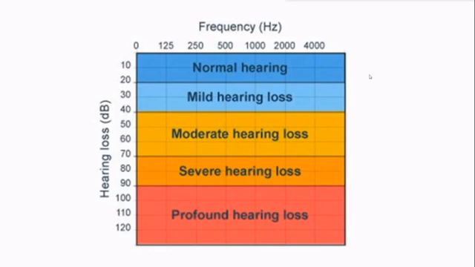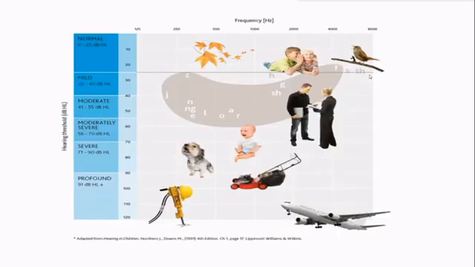If it's 40 to 70, moderate. More than 70 is severe, and above 90 is profound hearing loss. So if someone tells you a patient has severe hearing loss, you can gauge that it is about 70 to 90 decibels. This is another diagram showing environmental sounds and how they correlate to degrees of hearing levels.